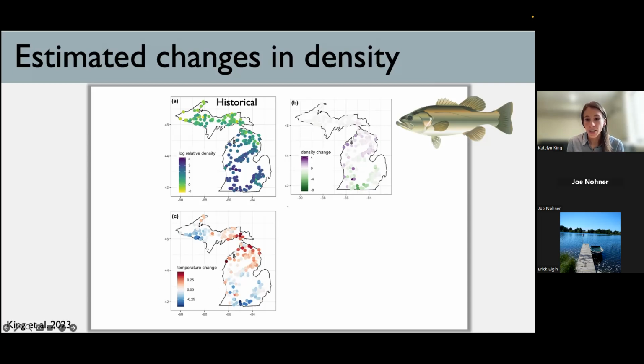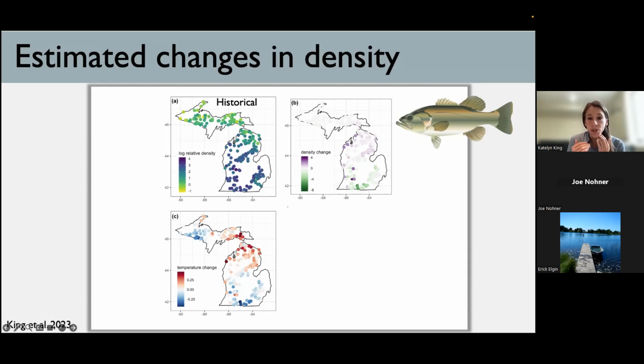So this can explain some of those patterns. We see in some areas the temperature change from the historical to the contemporary is increased, but there's also some where it's showing that the temperature was actually cooler over that time period, which explains why some of these were predicted to have decreased in density.